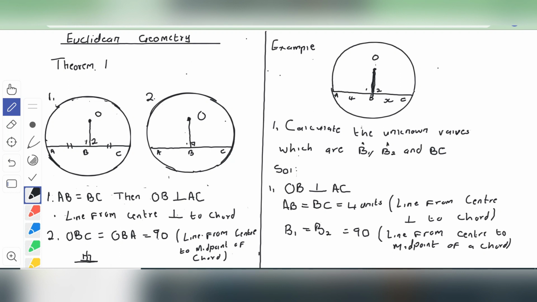If you can say that the line OP bisects the chord, therefore you are allowed to say that AB is going to be equal to BC, and also P1 and P2 are both going to be equal to 90 degrees. So now we are going to do a proof of theorem 1, because theorem 1 requires the proof, right? So let's do the proof. I'm going to just erase here.